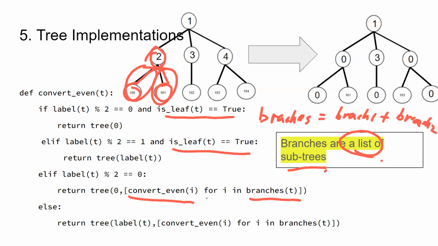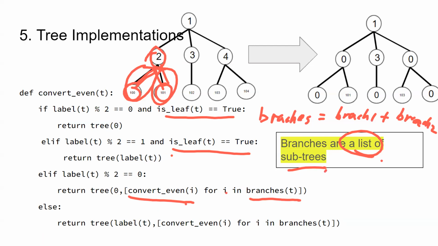So convert even for b in branches, b can be either this 100 or this 101 path, two paths. And then for either one of these, you will still put it into the recursion function and assume that it returns a true result. And then you put it into the list to say, oh, this is the branches, a list of the trees, subtrees below 2.